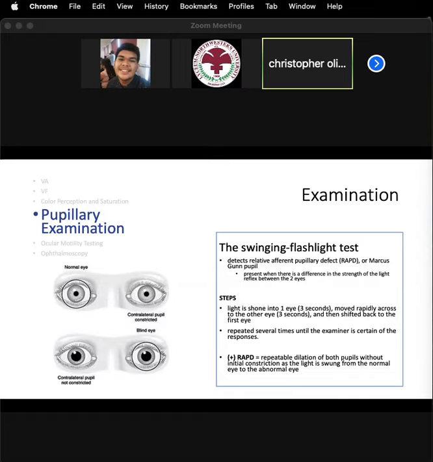You repeat this several times until you are certain of a positive relative afferent pupillary defect, or RAPD, which is a repeatable dilation of the pupil without initial constriction as the light is swung to the affected eye.